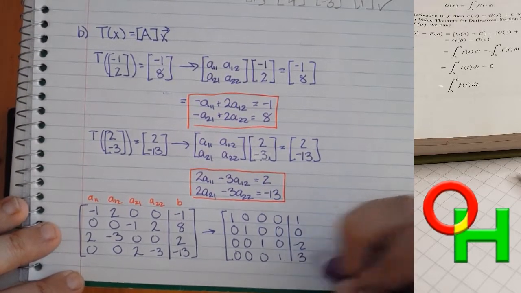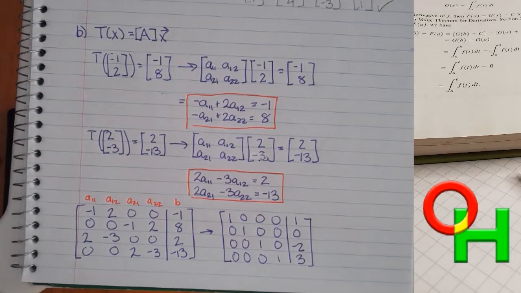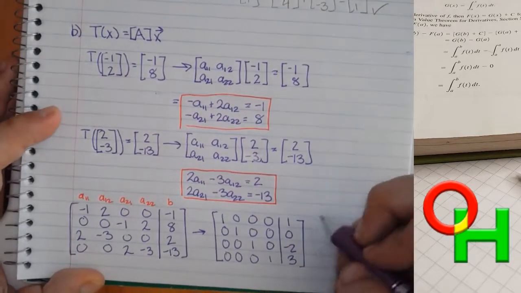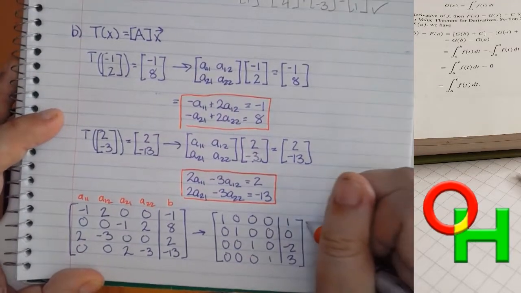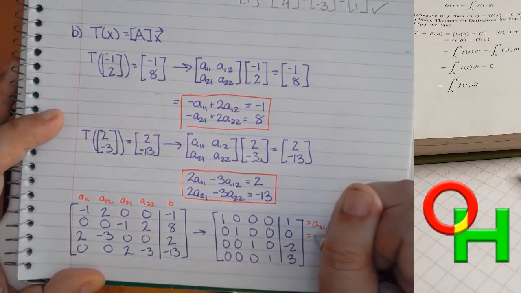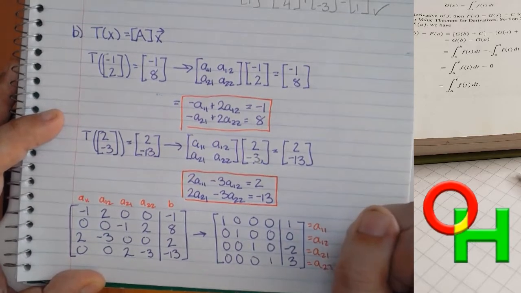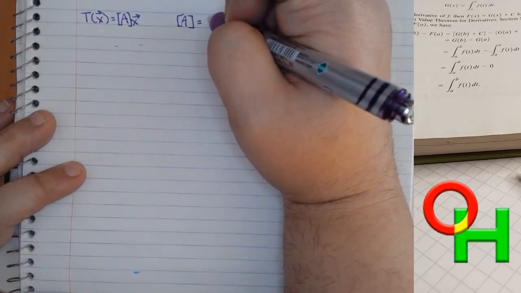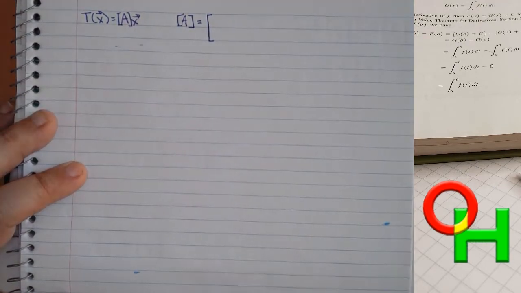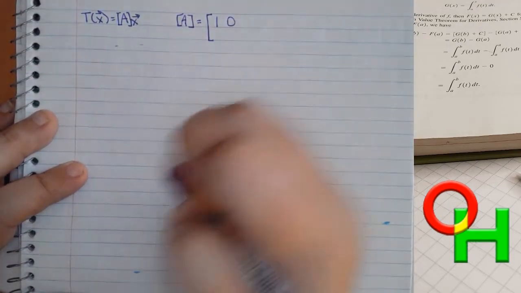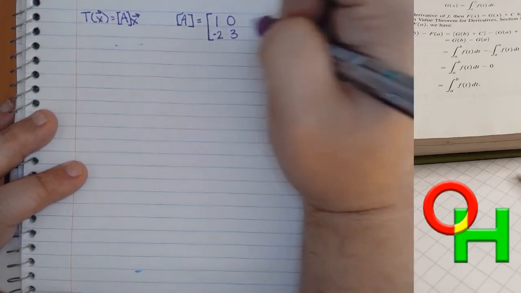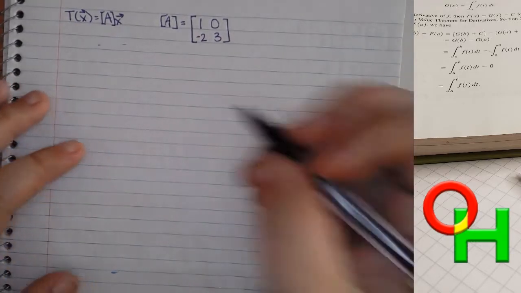So when we do this, we get a11 is 1, a12 is 0, a21 is -2, and a22 is 3. So that tells us our matrix A for this transformation is [1, 0; -2, 3]. Again, I always like to double check.